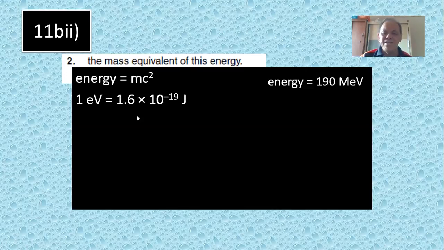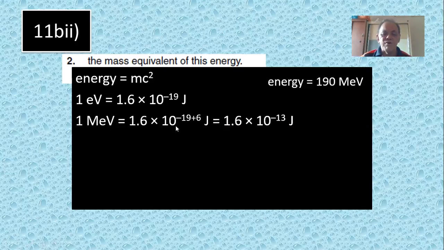So the value is the same as the charge of the electron. Then you can convert: 1 mega electron volt equals 1.6 times 10 to the power minus 19 times 10 to the power 6, so you get 1.6 times 10 to the power minus 13 joule.